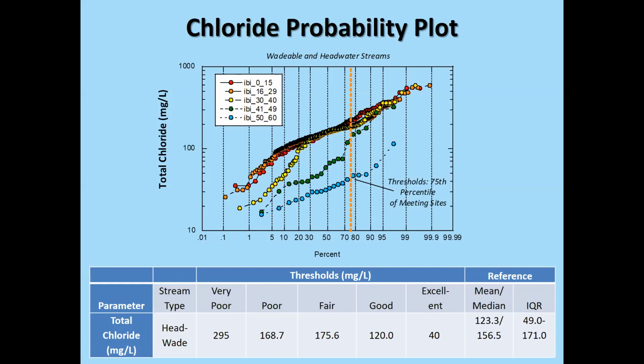The idea with these numbers is that a chloride number, say for a good stream, 120 milligrams per liter, is less than the 250 milligram per liter chronic level that EPA derived from laboratory testing. But if you look at correlations, once you start getting above 100, 120 milligrams per liter in the summer, that's correlated with exceedances of that 250 milligram per liter chronic level in those winter periods.